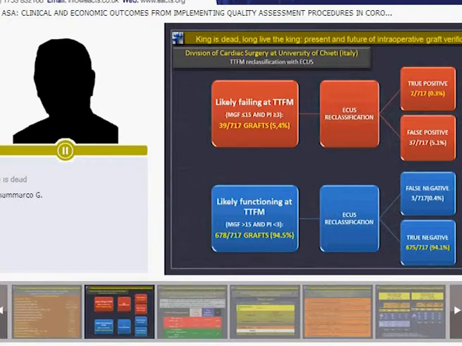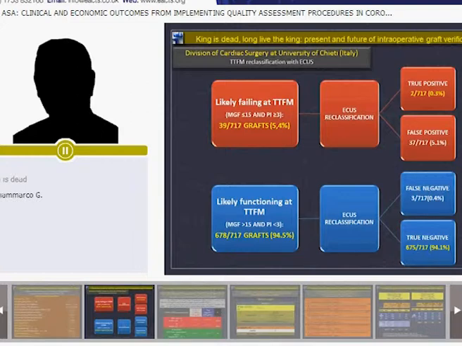We reclassified all the grafts, and talking about the specificity, we found that true positive grafts, just 2 out of 717. I mean, those grafts should have been redone, equal to 0.3% of the total graft. But 2 out of 39, I mean that we avoided to make an undue revision on 37 grafts.